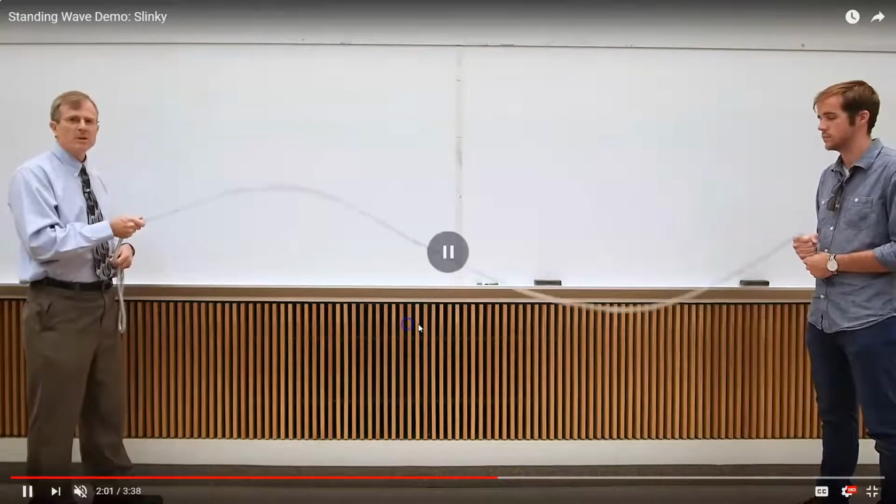And you'll see this point right here that never seems to move. There's a term for that: it's a node. This is a node too. Even though he's going up and down, it's not this type of amplitude. The position of maximum amplitude is called an antinode. And then this is a node, here's another node, and then in here is an antinode.